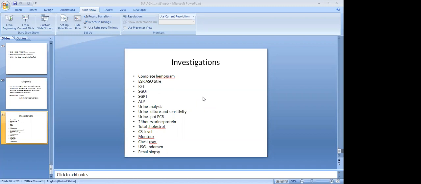In lupus, apart from immunosuppressive medications, what else do you give? Okay, so we add hydroxychloroquine also, no? HCQ. Correct? So HCQ is also an important part of therapy.